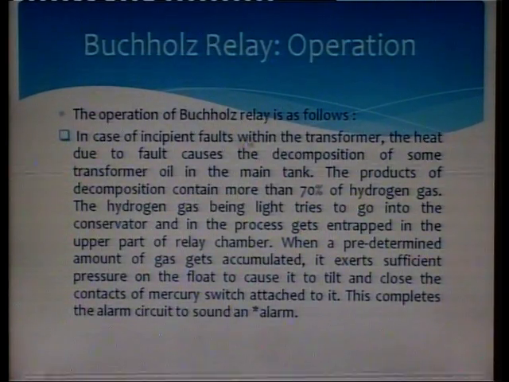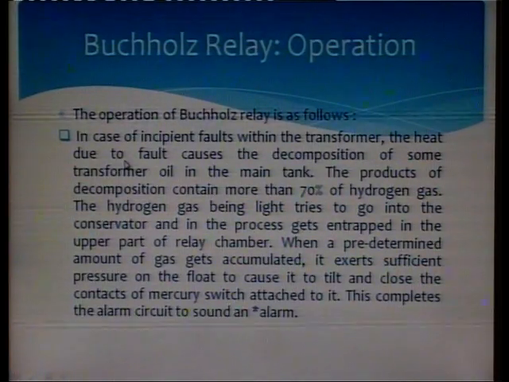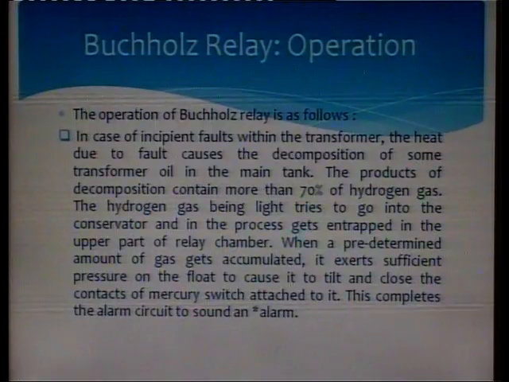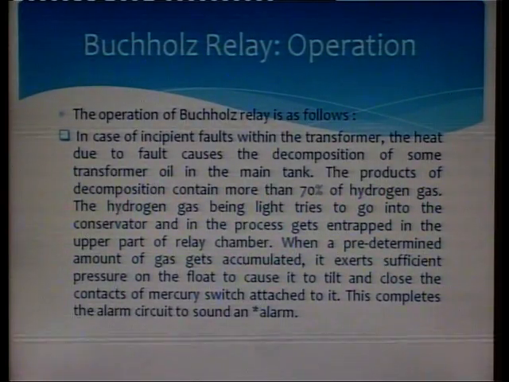The heat due to the fault causes the decomposition of some of the transformer oil in the main tank. Due to the faults, the temperature in the main tank increases, which causes the oil to vaporize.